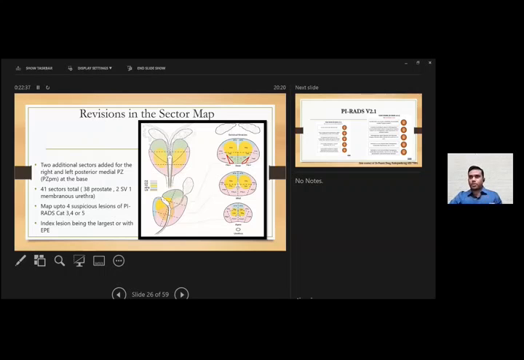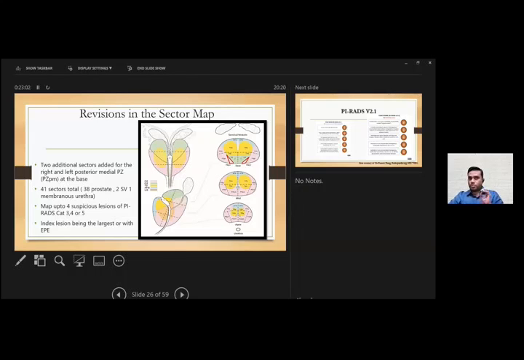The new addition is a medial peripheral zone at the base of the gland. So now there is a total of 41 sectors, including 38 in the prostate, 2 in the seminal vesicles, and 1 in the prostatic urethra. Nobody actually uses this other than to depict the lesions.